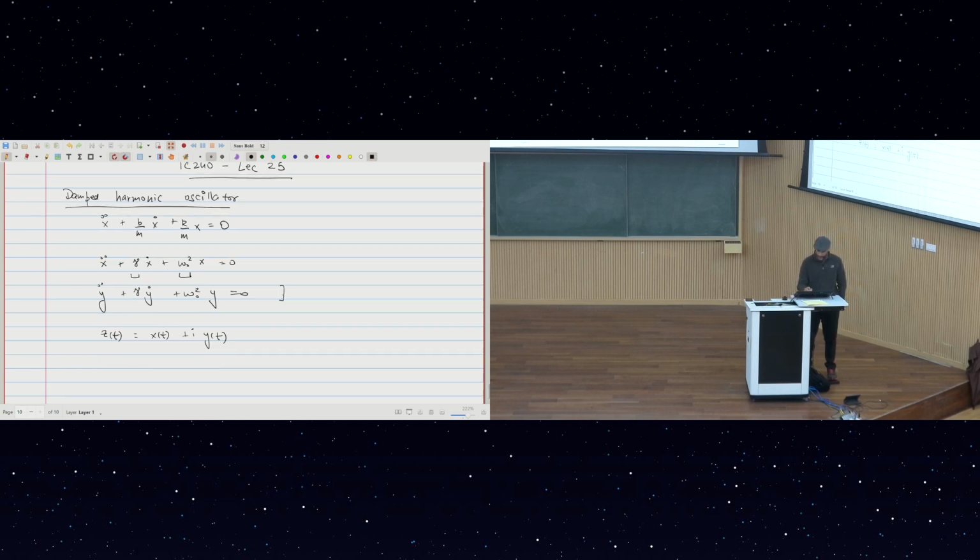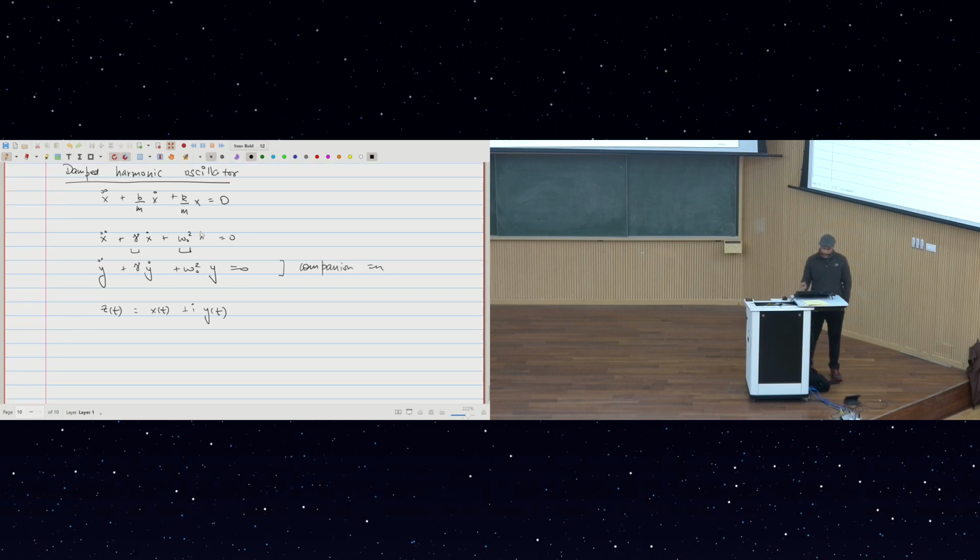This is called the companion equation. Now given these equations 1 and 2 and this definition of z, I can write z double dot plus gamma z dot plus omega naught squared z equal to 0. So that's a homogeneous ordinary differential equation in z, where z is a complex number.